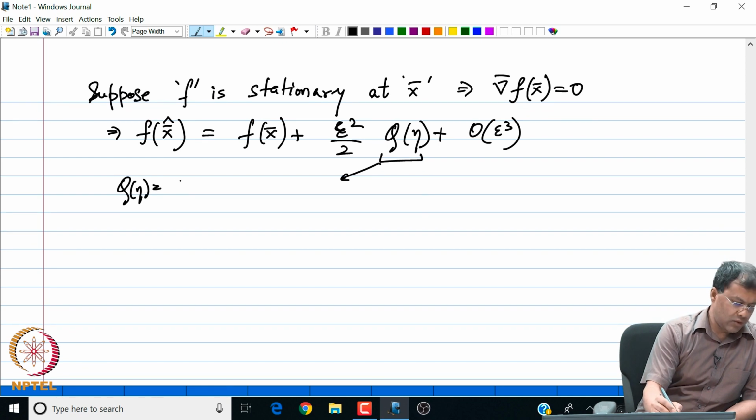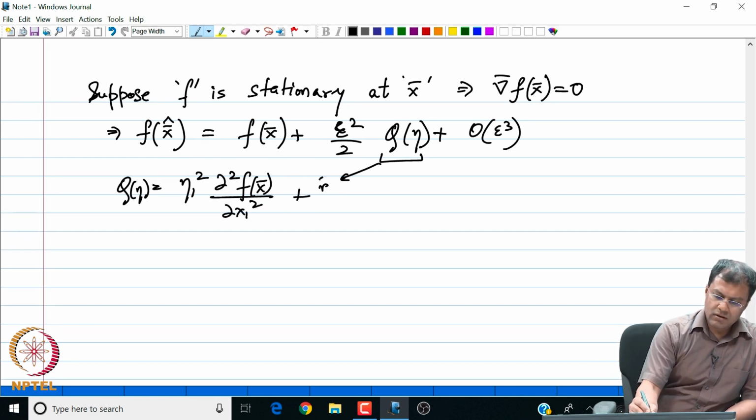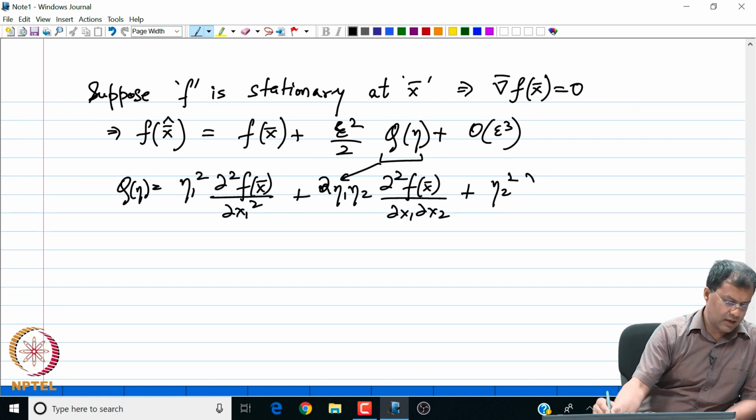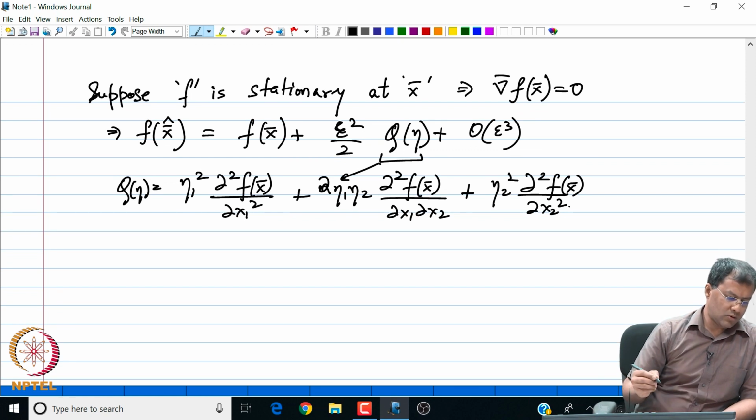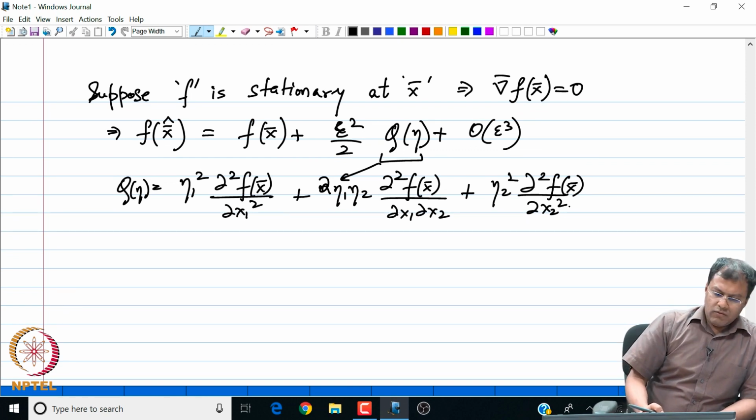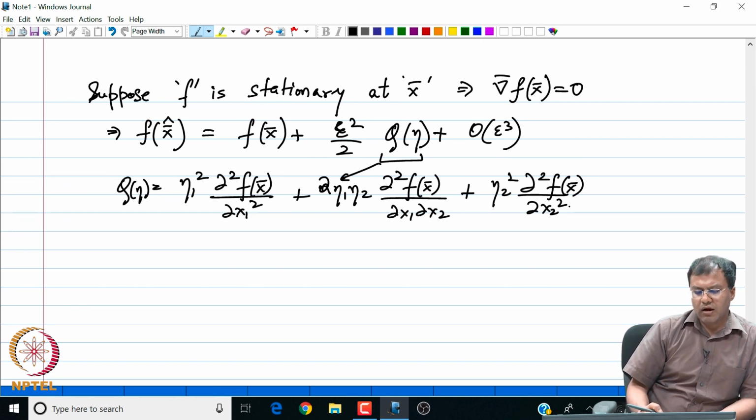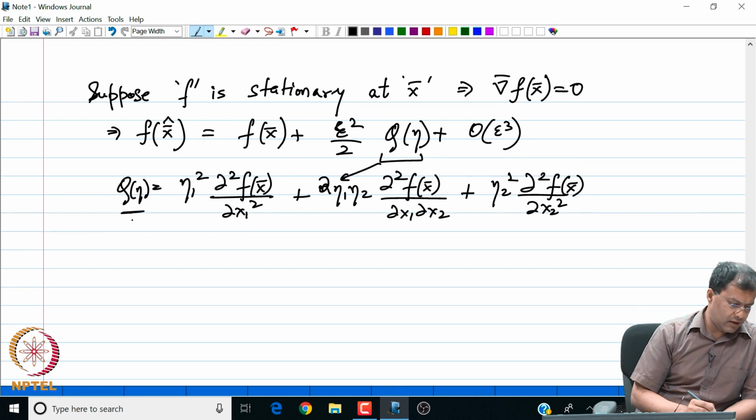Q of eta is equal to eta 1 square del 2 f at x bar del x1 square plus 2 eta 1 eta 2 del 2 f at x bar del x1 del x2 plus eta 2 square del 2 f at x bar del x2 square. Okay. So, what have we got here? We see that for epsilon small, the nature of the extrema will be completely determined by the sign of this function Q of eta.